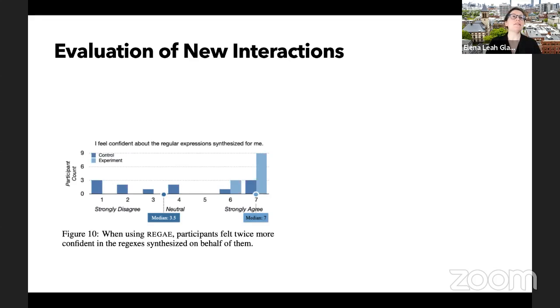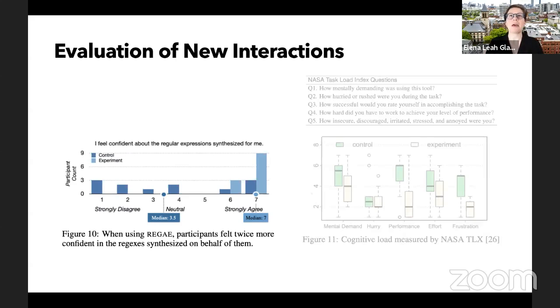We find that the control is pretty even, bimodal or flat, in terms of people saying yes, I'm confident, or no, I'm not confident. But as soon as we introduce the experimental interface, they say, suddenly I'm pretty confident, because you've calculated for me how it will behave on similar and even radically different inputs that I couldn't easily have imagined.